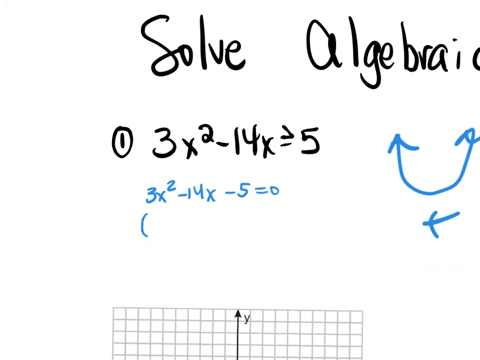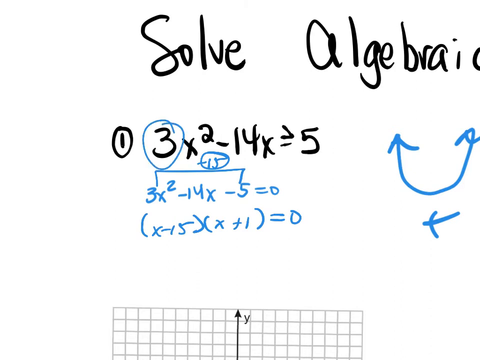If we're going to factor this, what times what gives me a negative 15 when I multiply, but a negative 14 when I add? 15. Yep. So I'm going to have x minus 15, x plus 1. My a term is not 1, so I'm going to put the 3 underneath both of these. So I'm left with x minus 5 and 3x plus 1. You guys agree with me?